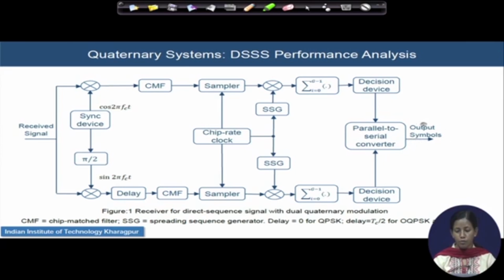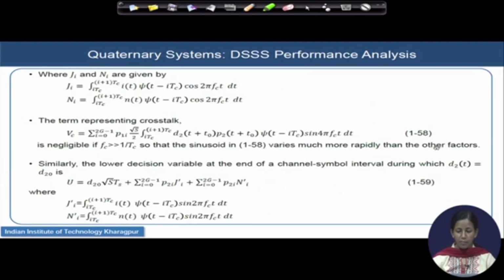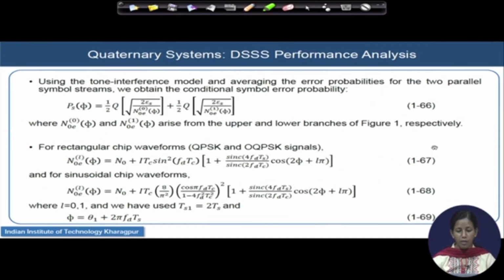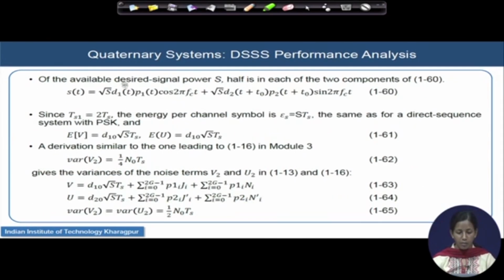If we consider the total symbol error probability PS, it will be a combination of the individual branch error probabilities, and the contribution should be such that half of the time the error is equiprobable in both the branches. So it will be half plus half, and they have a Gaussian distribution because of the understanding of all these expressions.